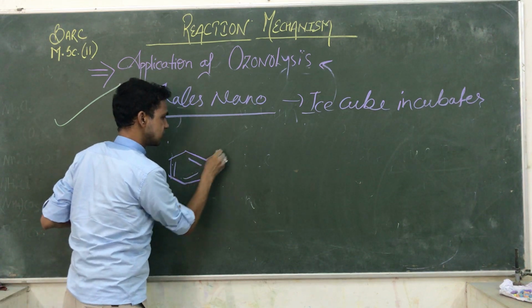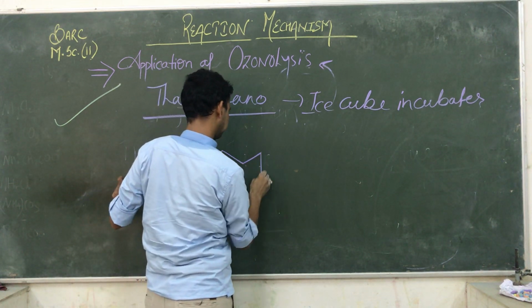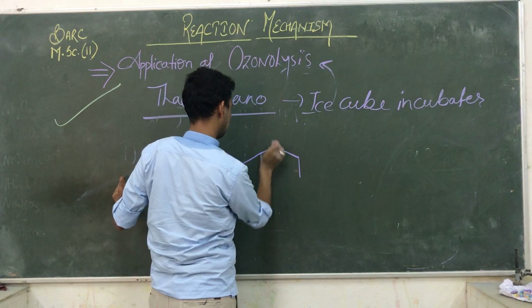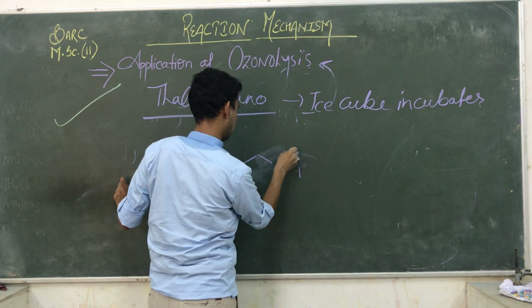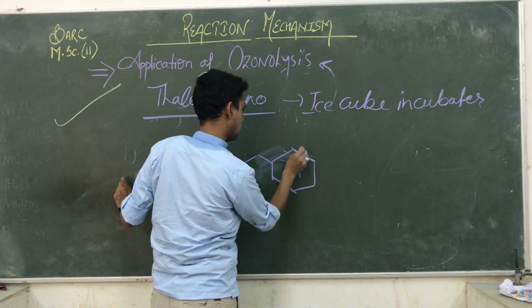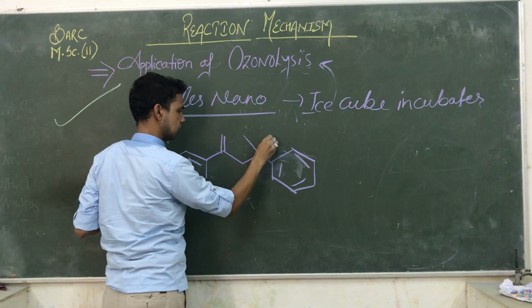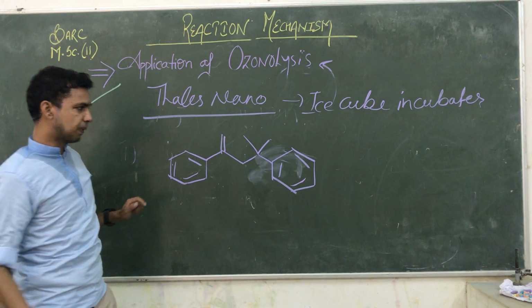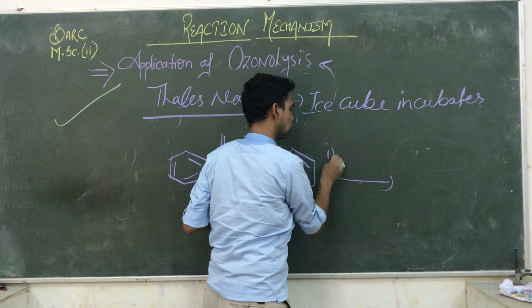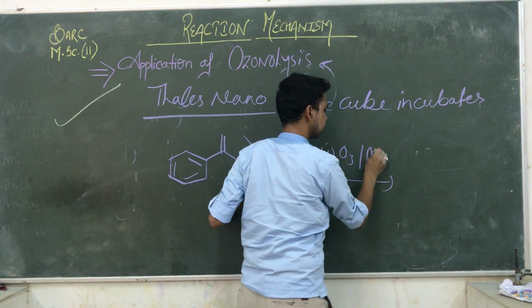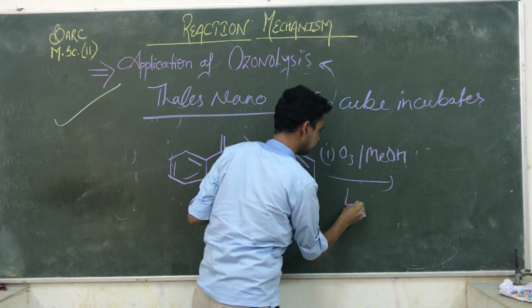That one is the benzene. That is a part of the drugs. So that is the compound. Here we follow the ozonolysis process in the presence of methyl alcohol at low temperature.